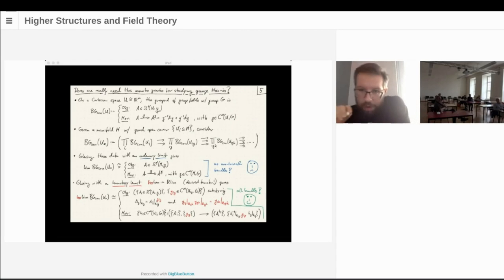So how does this work in practice, and how does this relate to derived functors? Now assume I take any manifold M. M can be any manifold, not necessarily a Cartesian space. And take a good open cover of this manifold, U_i. Now, for each patch U_i and for each overlap U_ij, these are all Cartesian spaces. So you know already what are the gauge fields on these. So I can take the groupoid of gauge fields on the patch, take the product over all possible patches.